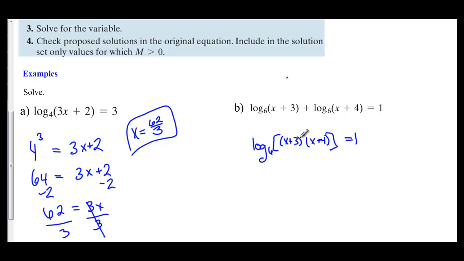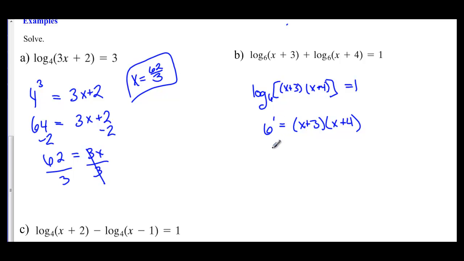Now, once we have it combined into one log statement on the left, then we can do 6 to the first power equals x plus 3 times x plus 4.